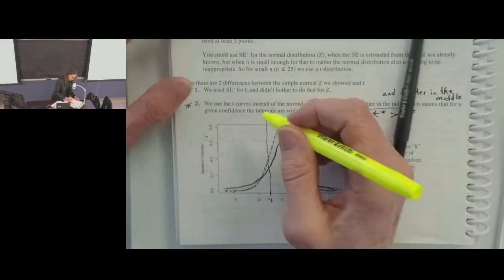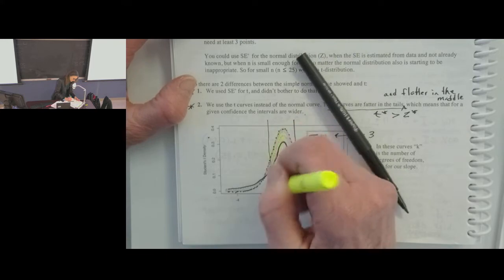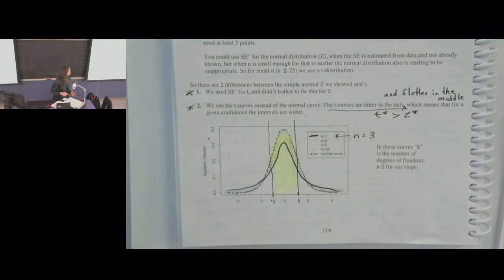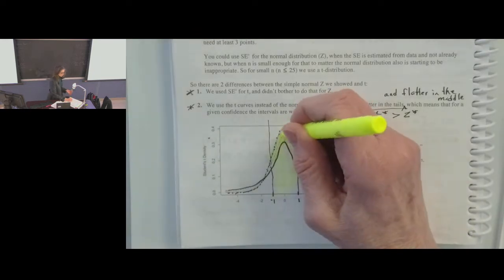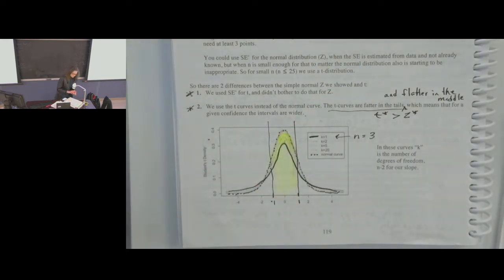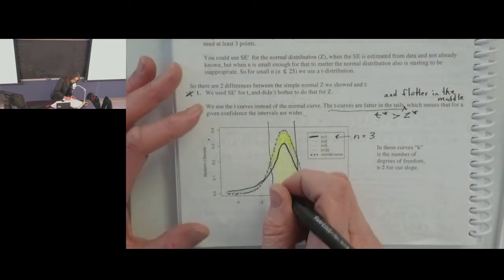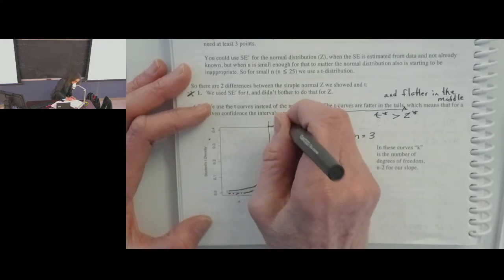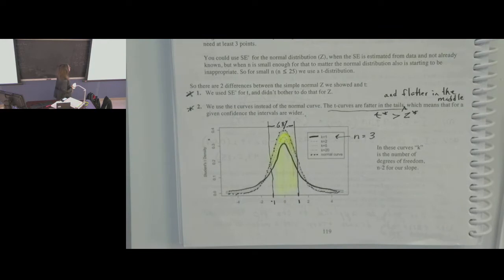The area is, you know, what? 68%. So that's 68%, going all the way up on the normal curve.